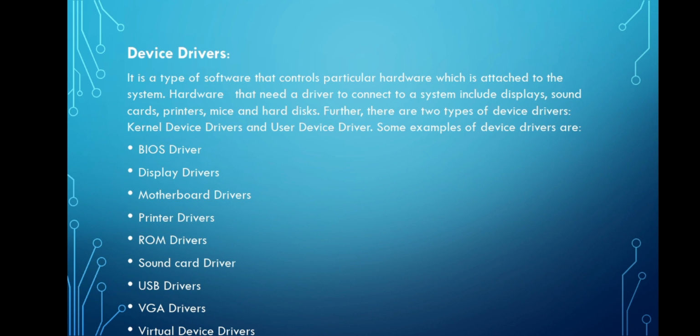Further, there are two types of device driver: kernel device driver and user device driver. Some examples of device driver are BIOS driver, display drivers, motherboard drivers, printer drivers, ROM drivers, sound card drivers, USB drivers, VGA drivers, virtual device drivers.